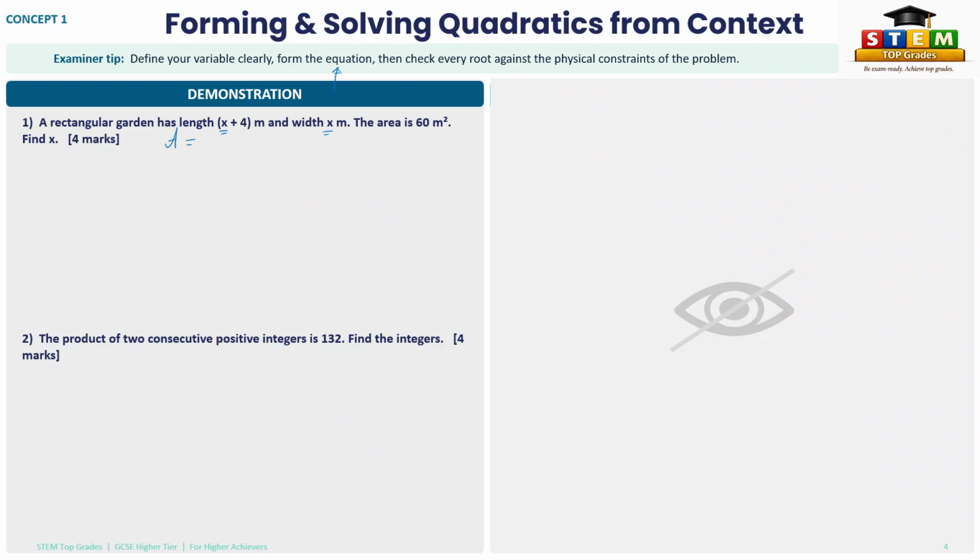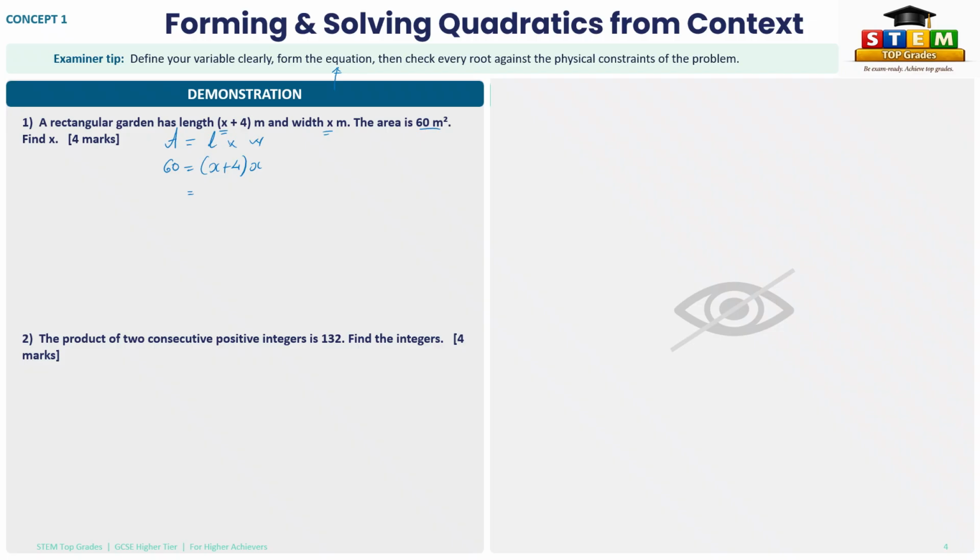Area of a rectangle is length times width. And if we look at the length that has been given to us as x plus 4, the width is x, so you can remove the multiplication sign because that means product anyway, and the area is 60 meters squared.